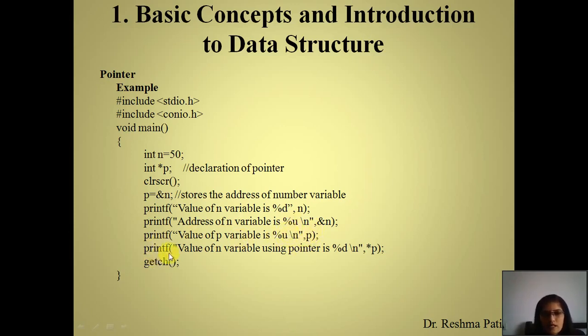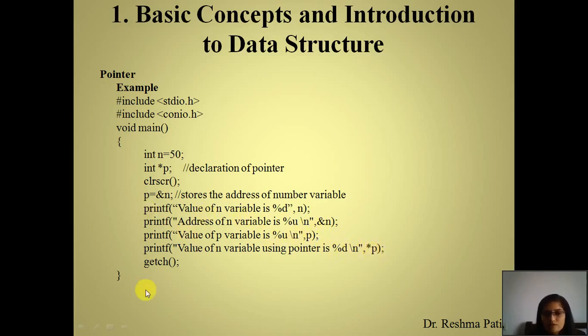Now in the last printf statement we have to get the value of the n variable using the pointer variable. So here we write %d, the data type of that variable. Using %d we can get the integer value and using the star operator we can get the value at the particular address which is stored in this pointer variable.